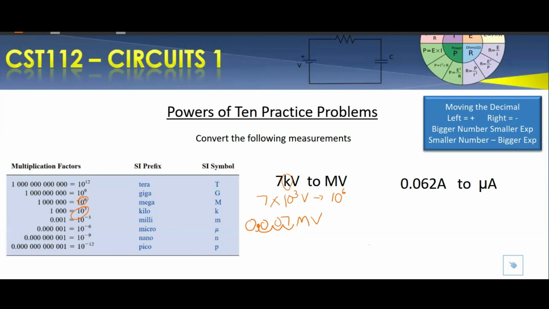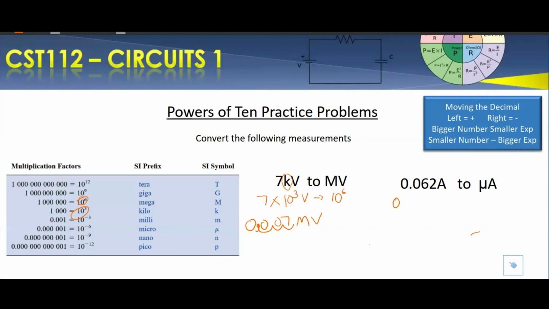All right, so let's take a look at this next example. I want you to convert 0.062 amps to microamps. And so you'll notice this one doesn't have a SI symbol, but we can still write it as a power of 10 like we did before on the previous example.